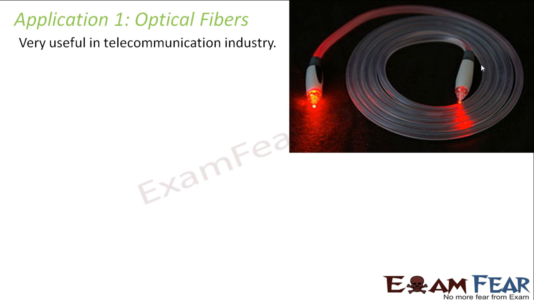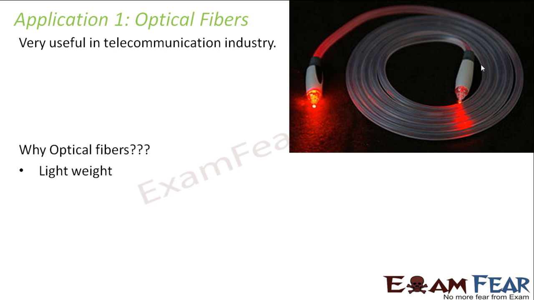So how do optical fibers work? That we will see in the next few slides. But before that, let us see why optical fibers are used. What are their advantages over metallic wires? Well, there are a couple of reasons because of which optical fibers have become such an advantageous option in the telecommunication industry.